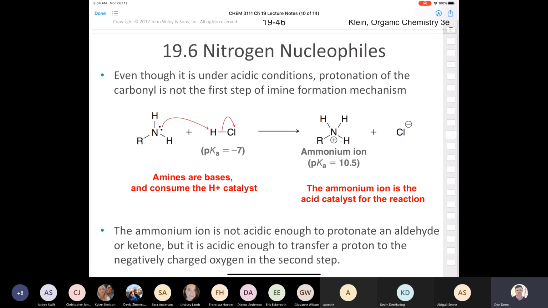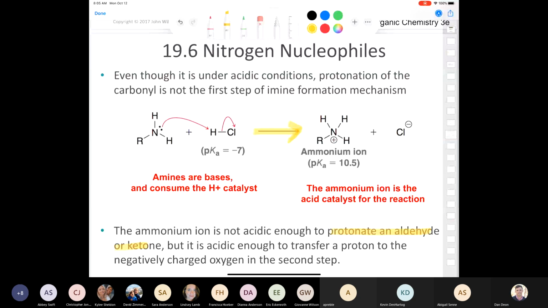And if we were to take an amine, like a primary amine, and treat it with a strong acid like HCl, the equilibrium is going to go completely to this side, right? We're going to have exclusively the ammonium ion. Now, that's all well and good, but an ammonium ion is not a strong enough acid to protonate an aldehyde or a ketone. So that means we'd be stuck, okay?